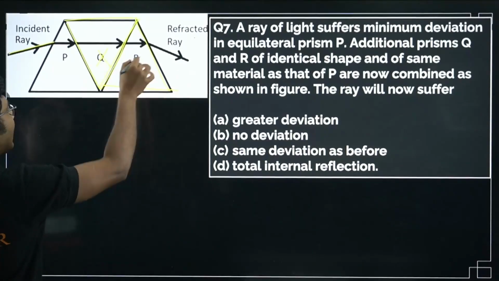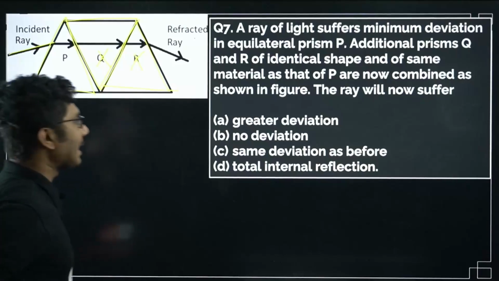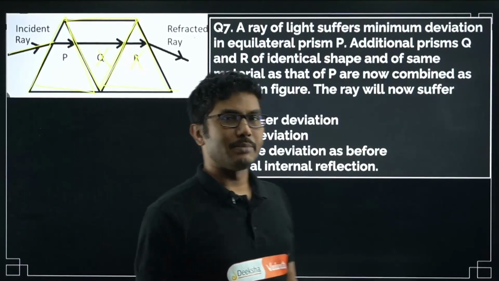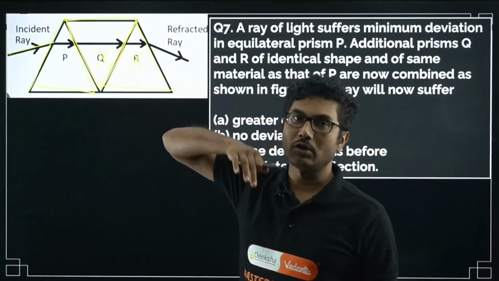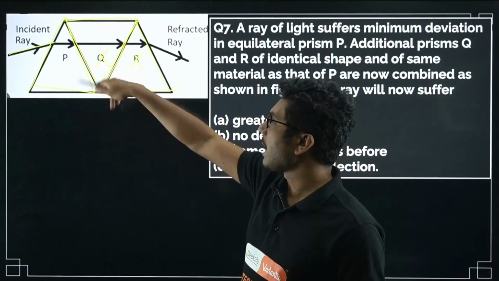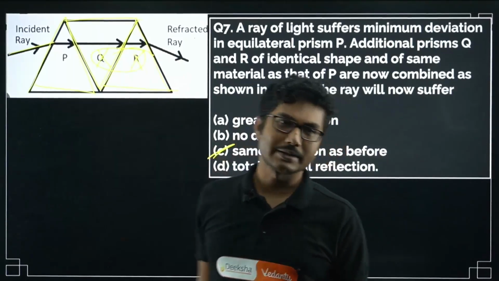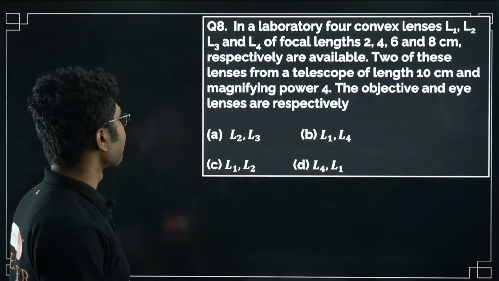So Q and R will cancel each other, P will remain as it is, so the angle of deviation will remain the same as before. But if you add only one opposite prism, then there will be no minimum deviation, and if you add 3 of them, then 2 prisms will cancel each other and you will get only the same minimum deviation.